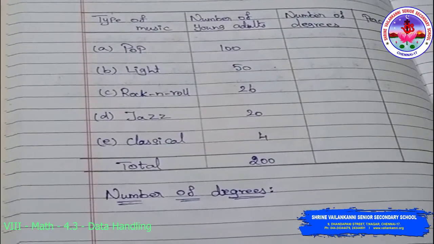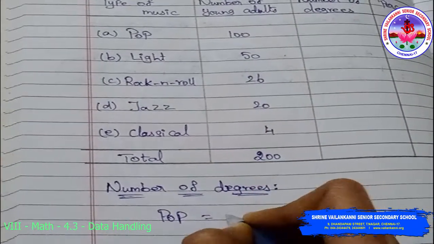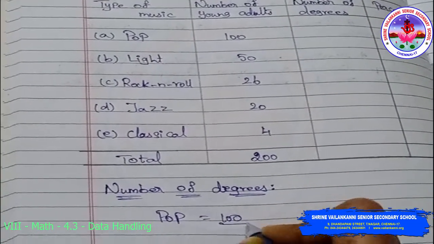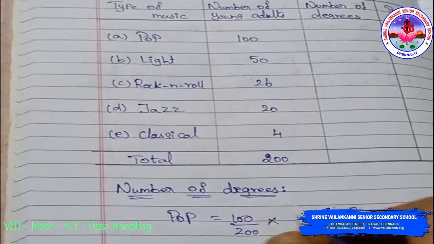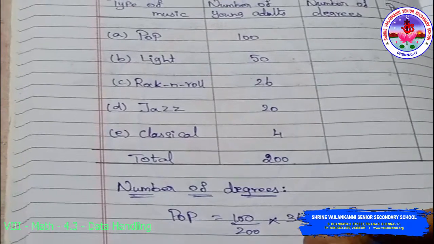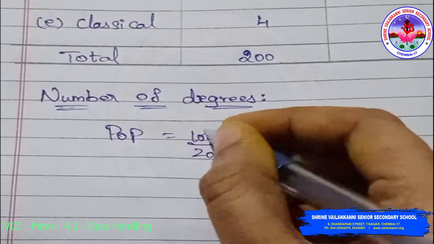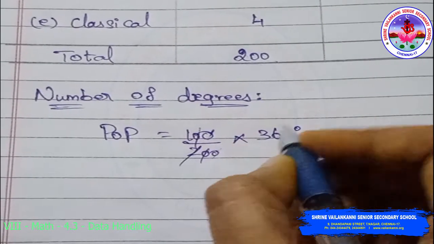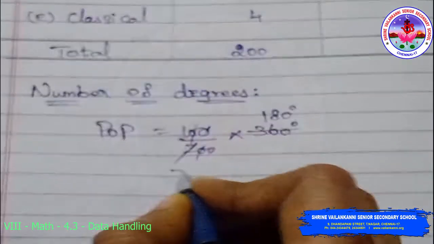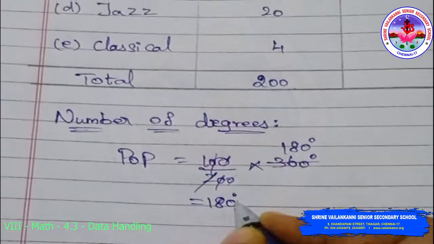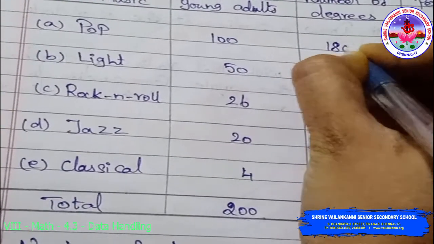Number of degrees. First one is pop. The number of adults is 100 divided by the total 200, times 360 degrees. Zeros cancel, and 2 twos are 360 is 180 degrees. So the number of degrees for pop is 180 degrees.